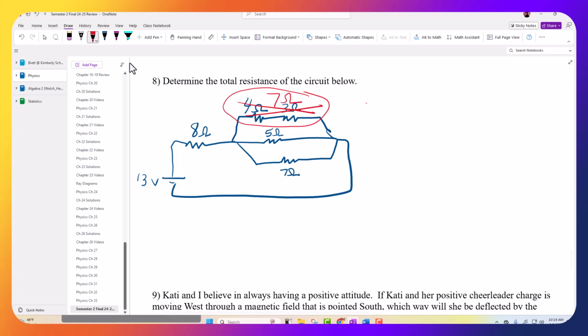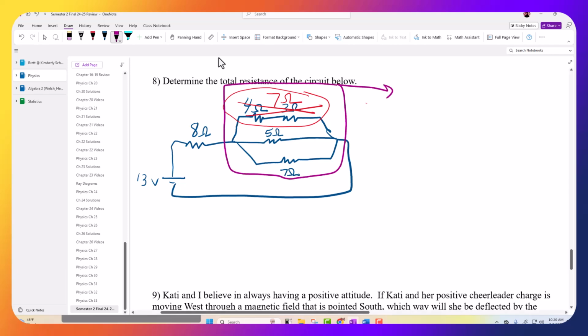Now the 7, the 5, and the other 7 are all similarly embedded in that parallel connection. So I could take all of this chunk and work on it. How am I going to add the 7, the 5, and the other 7? This is that parallel where we do 1 over, 1 over, 1 over, all raised to the negative 1.